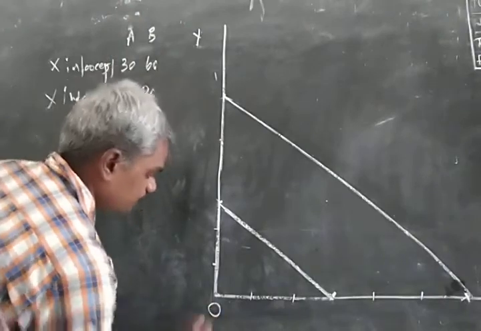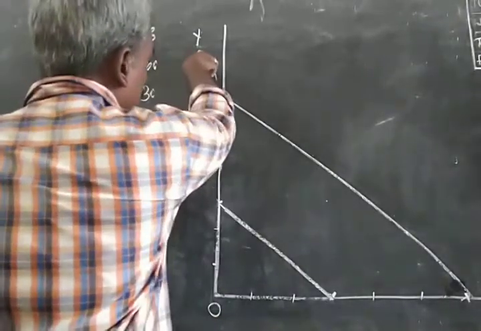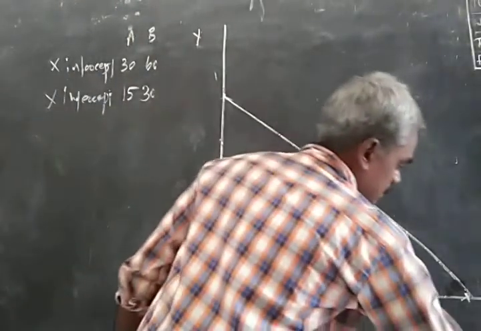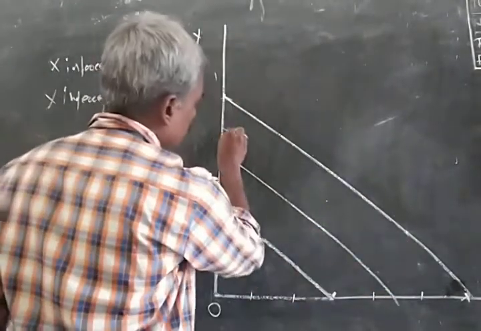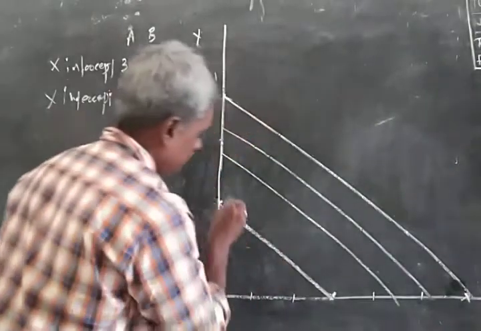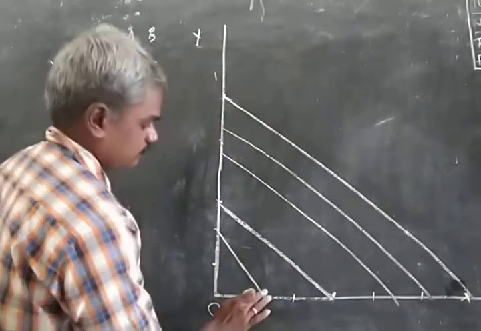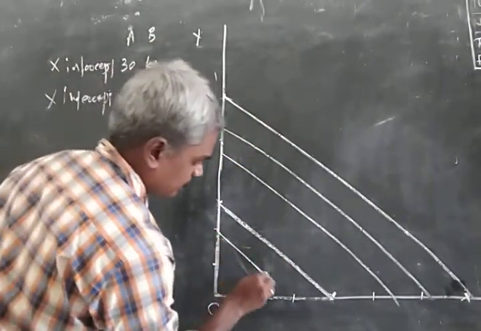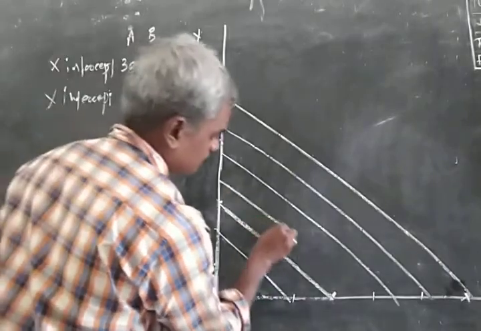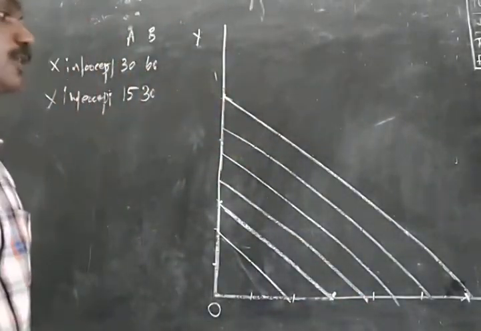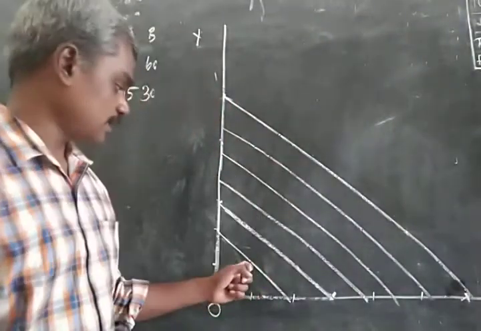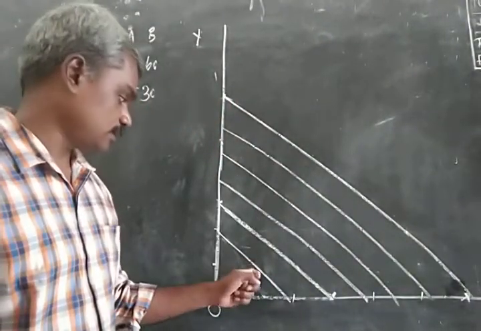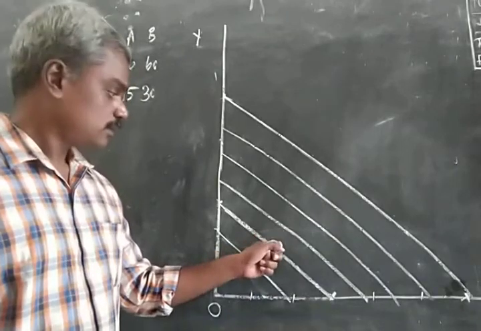Okay, so now we have Y on the y-axis and X on the x-axis. We will have a number of budget lines, and each budget line will show a particular level of income. This budget line shows this level of income. When his income increases, the budget line shifts again.